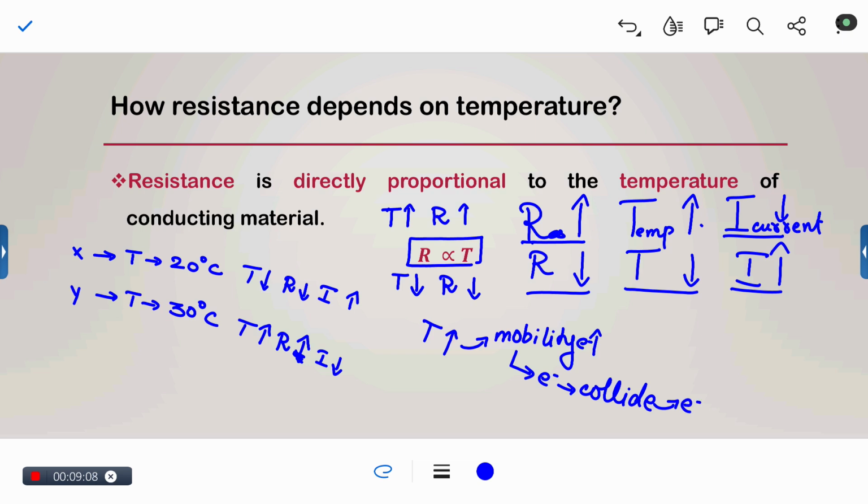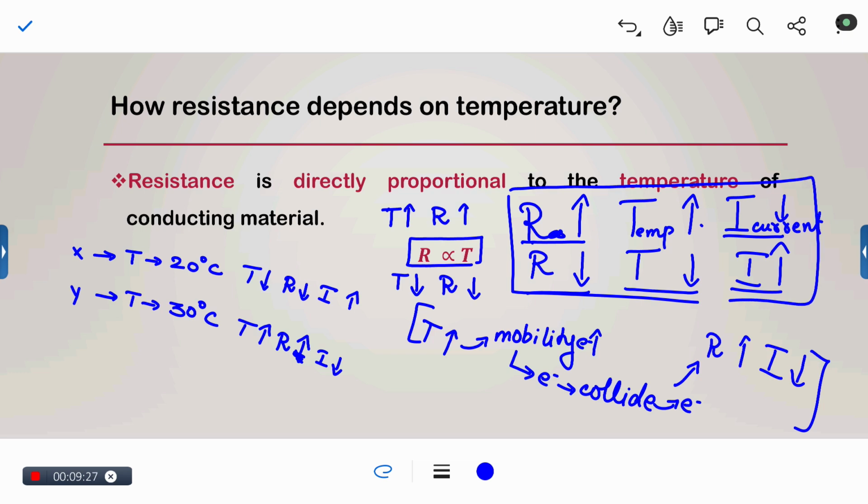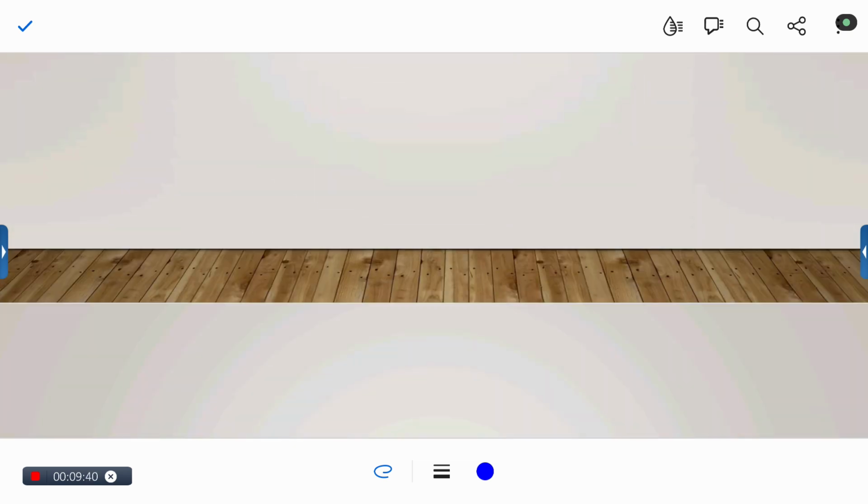Due to the collision, the resistance of the conducting material is going to increase. So due to the increase in resistance, the current flow will get decreased. They won't ask for this explanation because it is not in our syllabus right now. We just remember this alone, but know the reason. If temperature increases, mobility will increase, and due to that, collision of electrons will take place. Due to the collision, resistance will increase, and due to the increase in resistance, less current will pass. Next.